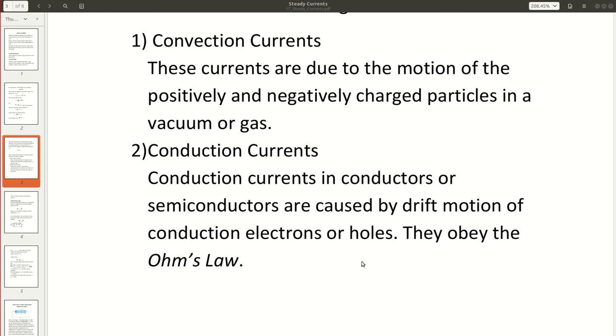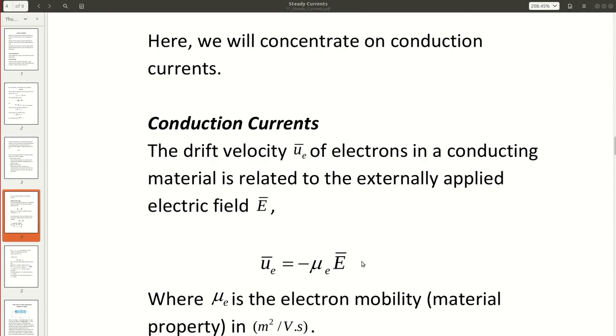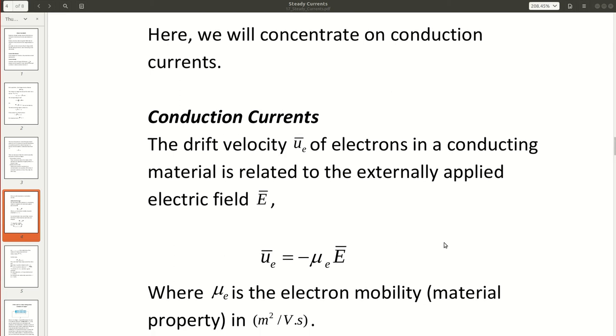This will lead to Ohm's law. We are interested in the conduction current, which is the current in a conductor or a semiconductor.